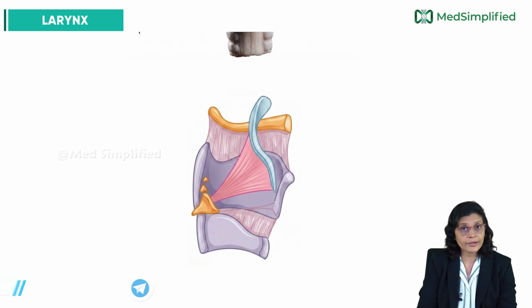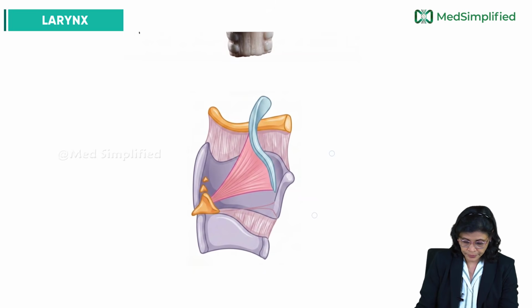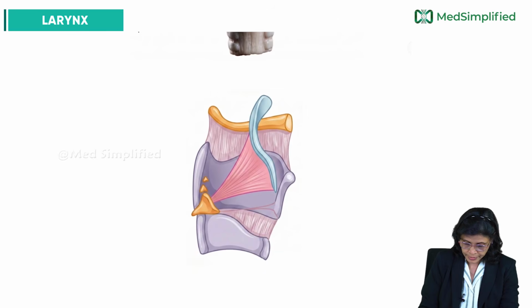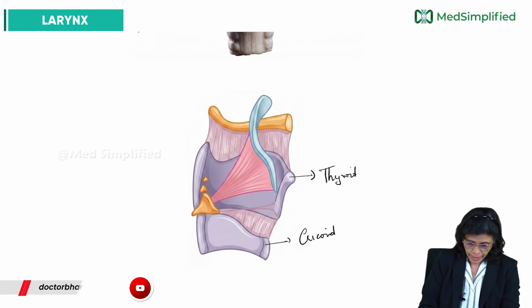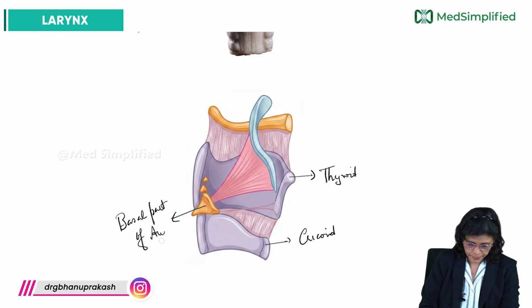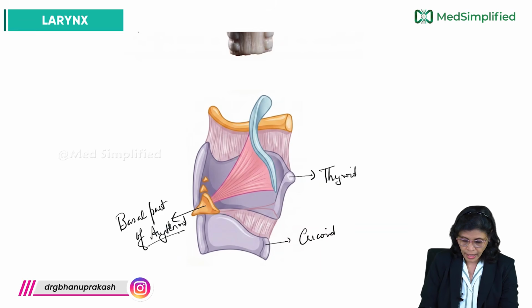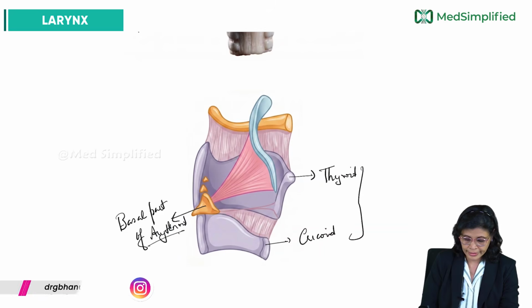Out of these cartilages, the thyroid, the cricoid and the basal part of arytenoid are composed of hyaline cartilage.